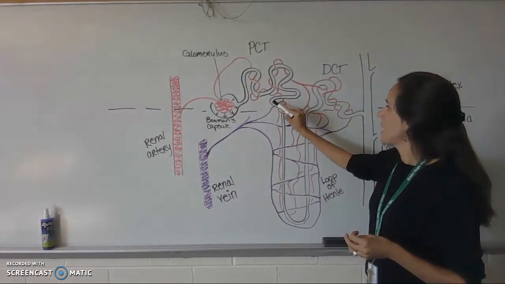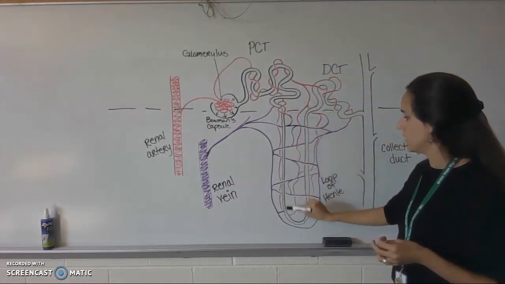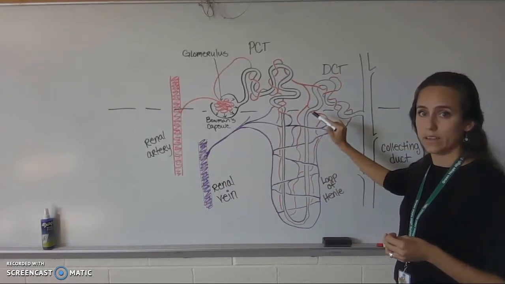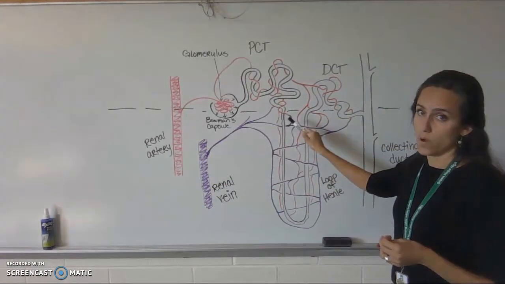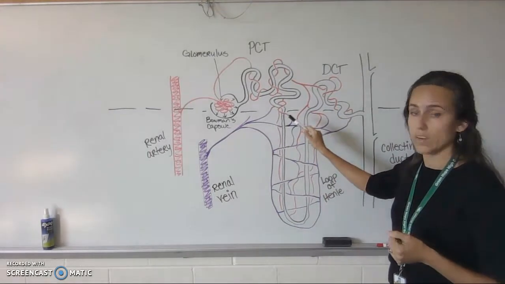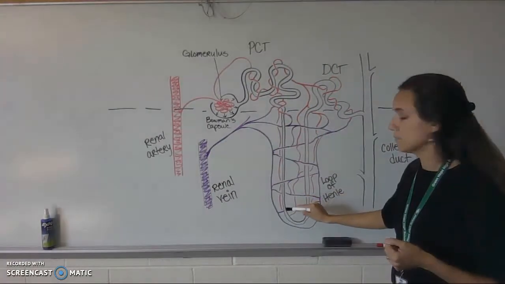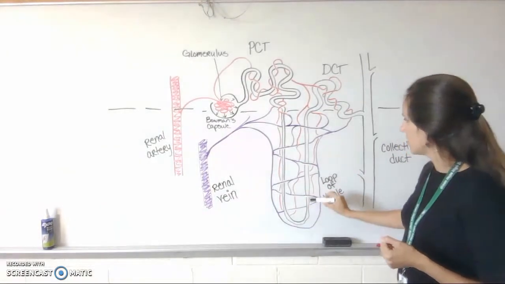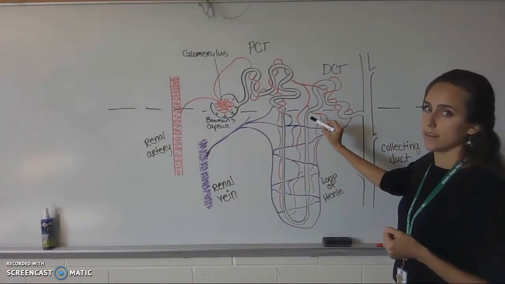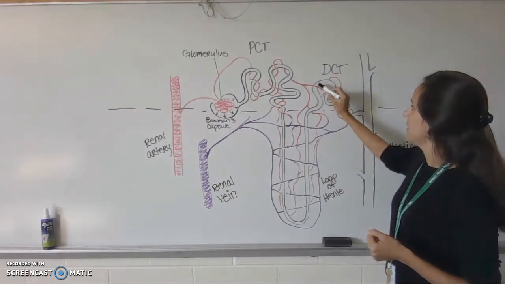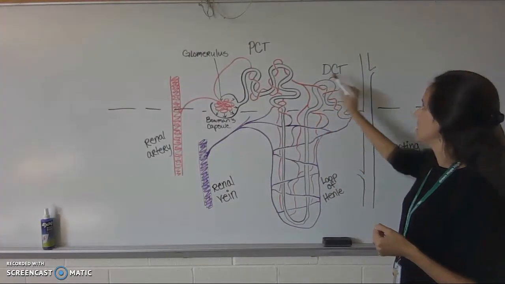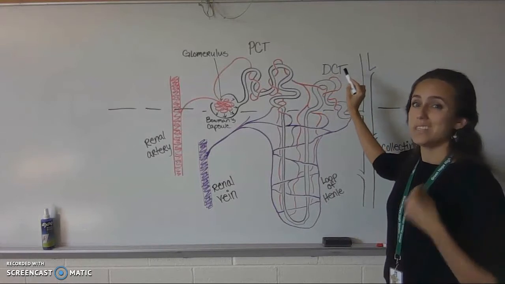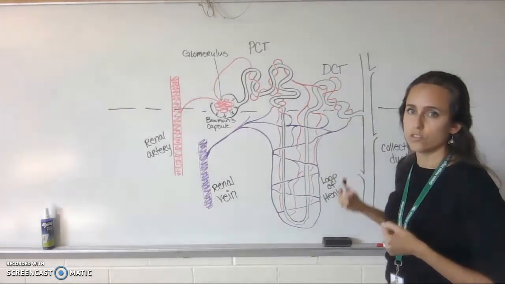The filtrate then passes down through the loop of Henle. If we wanted to get a little bit more in depth, the part that comes down is called the descending loop of Henle, and the part that comes up is the ascending loop of Henle. And finally, that filtrate passes through the DCT, or the distal convoluted tubule.